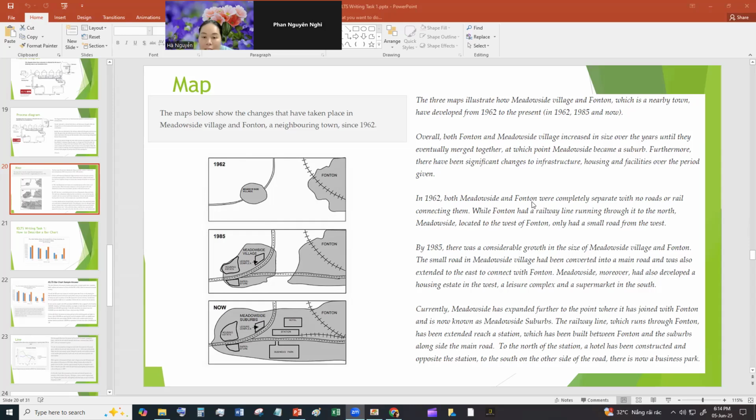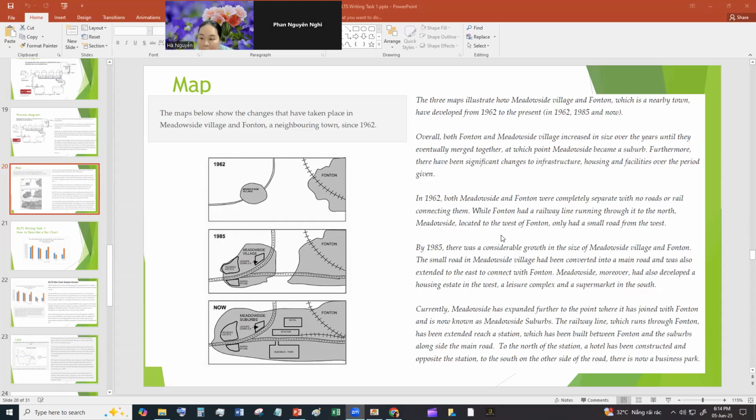In order to organize your body paragraphs clearly, you need to add adverb phrases or linkers so the examiner knows what your body paragraph will be talking about. So body paragraph 1 talks about the 1962 map, the next one 1985, and the next one now. Instead of now, they say currently, right?